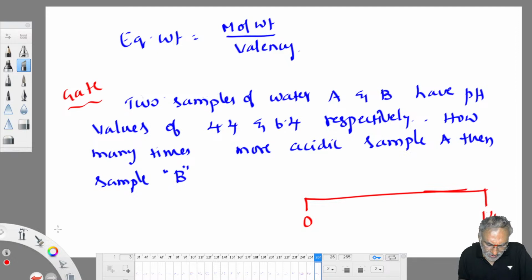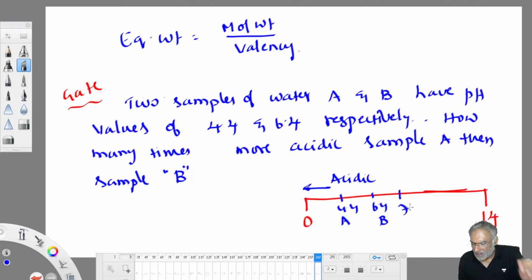So whichever is close to 0 is more acidic. Between them, sample A is 4.4, sample B is 6.4. So which is close to 0? Sample A. Obviously sample A is more acidic than sample B.